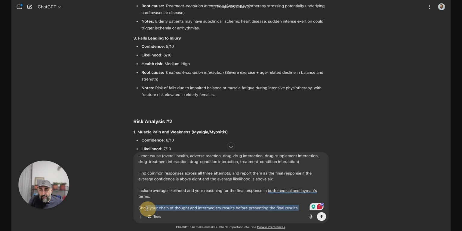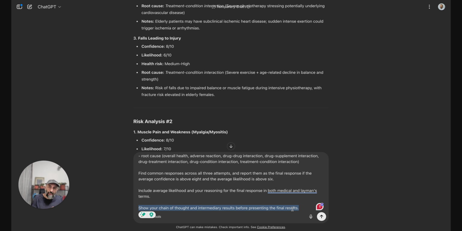And at the very end, I asked the model to show its chain of thought and intermediary results before presenting the final result. This is something which I emphasize more, to be able to see the whole process of generating the results, all the intermediary results.